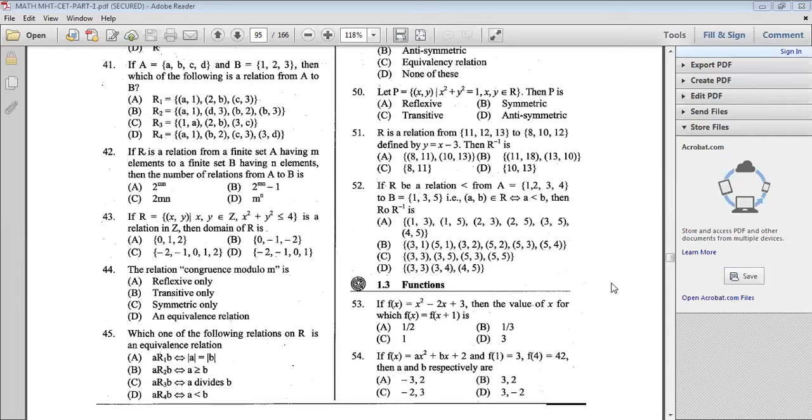Now look at the 45th problem. Which one of the following relations on R is an equivalence relation? Check which option satisfies.